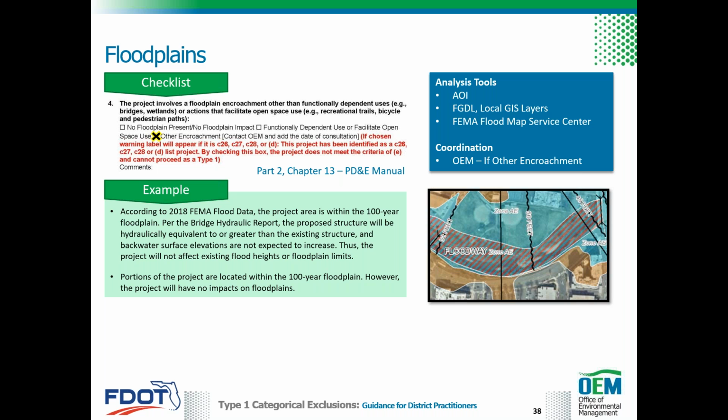For bridge projects, the bridge hydraulic report is uploaded into SWEP and can support a determination that the project will not affect existing flood heights or floodplain limits. A location hydraulic report is typically not required for a Type 1 CE. And guidance on documenting analysis and coordination on floodplain impacts is provided in Part 2, Chapter 13 of the PD&E Manual.